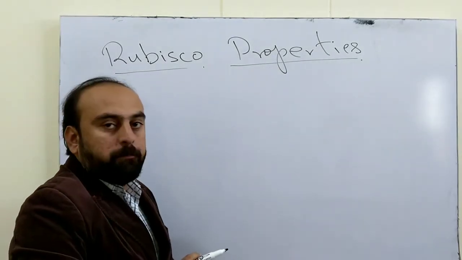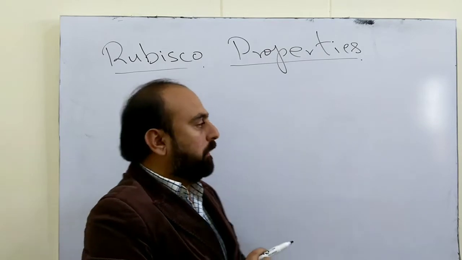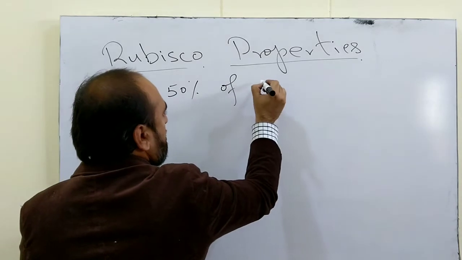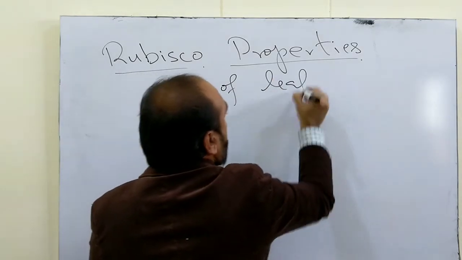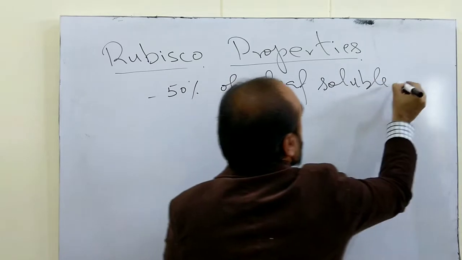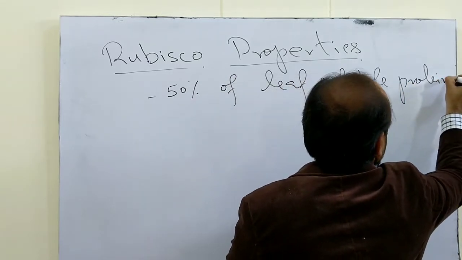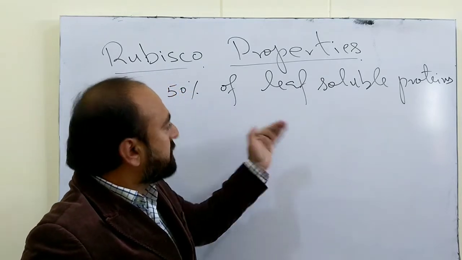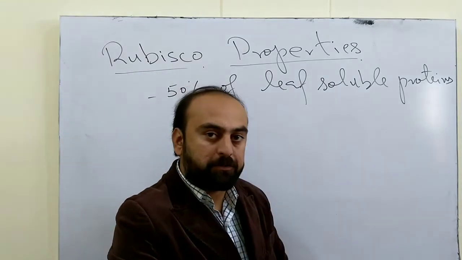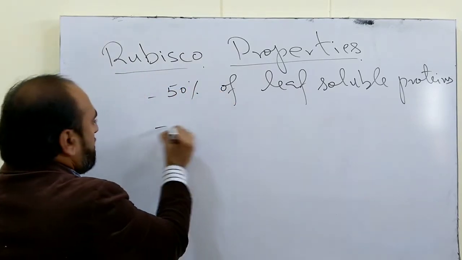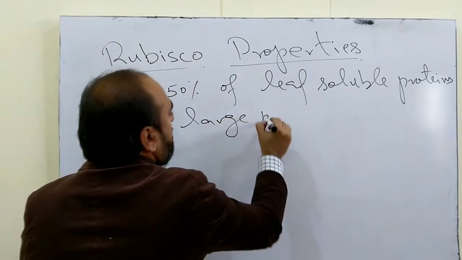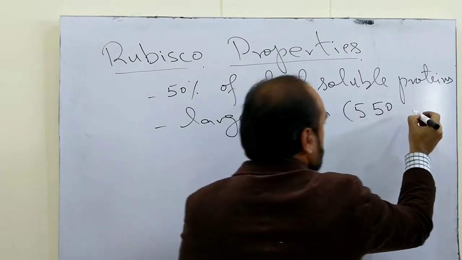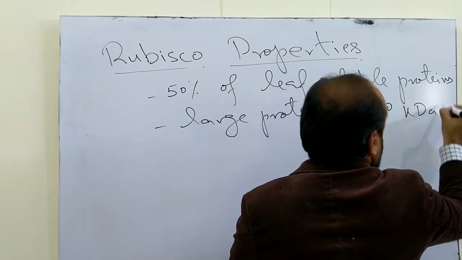Rubisco is the most abundant protein in nature. It makes up 50% of total leaf soluble proteins. So the plant invests a huge amount of its nitrogen into this Rubisco. Why is it so? Because it is a large protein, with a size of about 550 kilodalton.